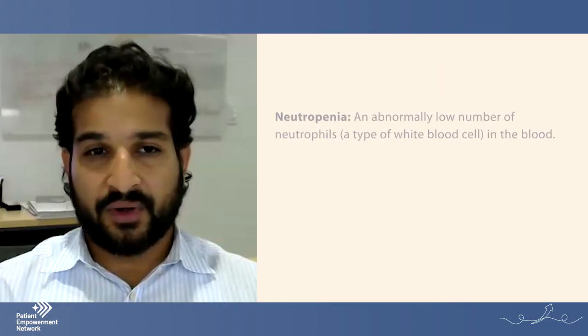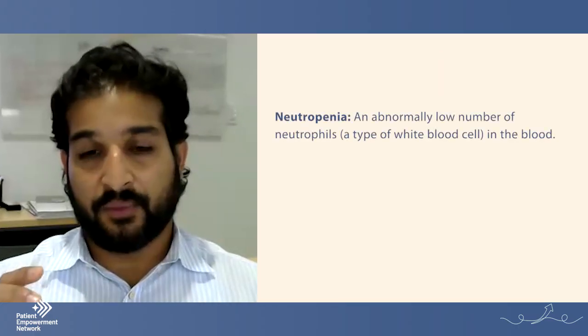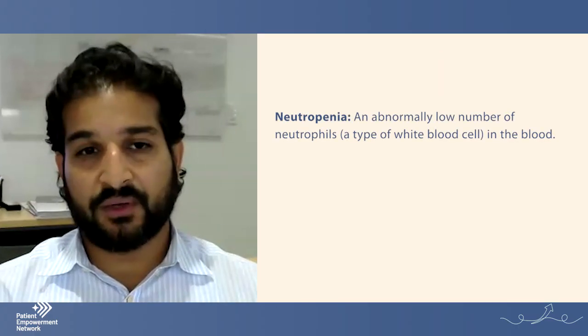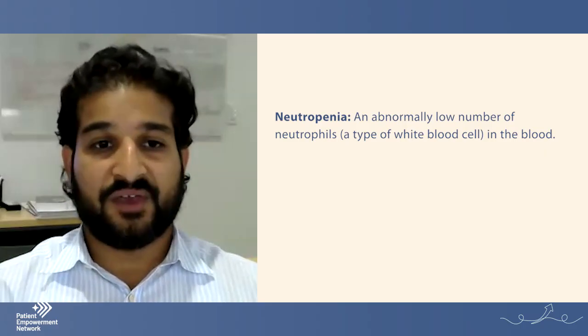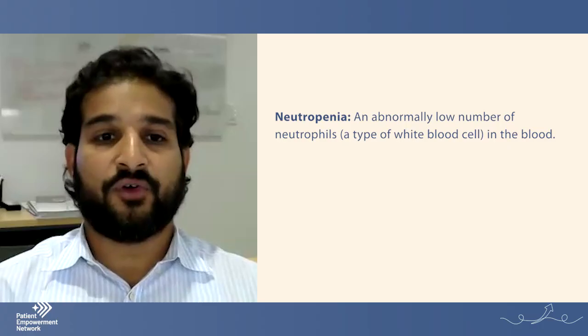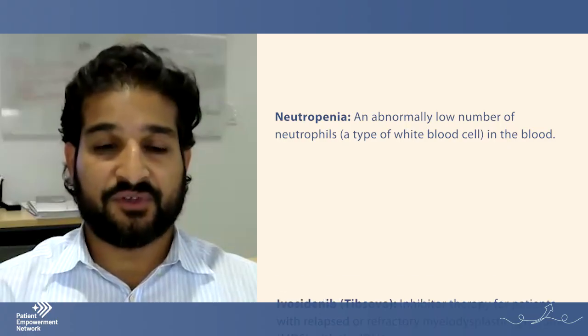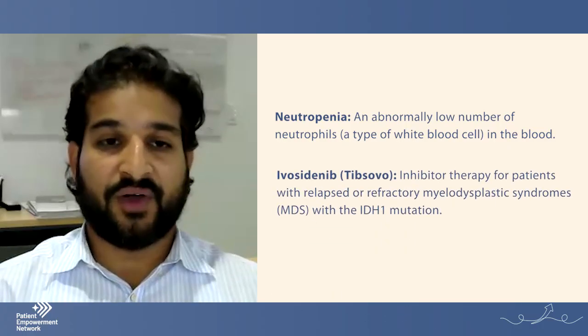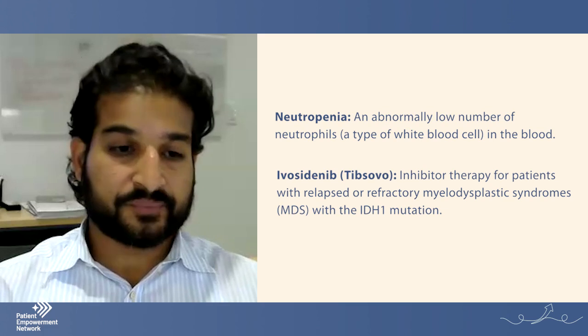And then we don't have any neutrophil specific therapies, but oftentimes what we'll see is that neutropenia is commonly associated with a particular kind of genomic alteration called the IDH1 mutation, and we have approval in second line for targeted therapies such as ivosidenib for the treatment of IDH1 mutated MDS.